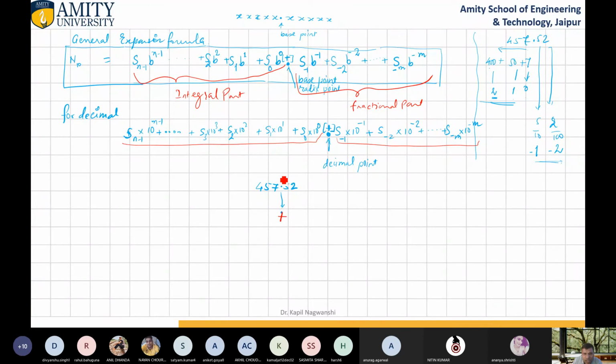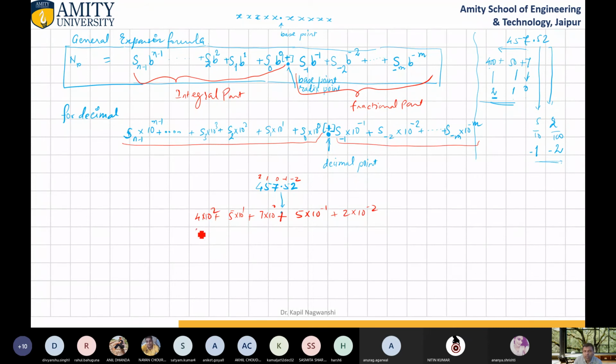Now let me write the position numbers. So this is 0, 1 and 2, and here -1 and -2. Just write like this. This formula is very easy, but because it is written in so many algebraic terms, it looks complex. Now you can write simply 5 into 10 to the power -1 plus 2 into 10 to the power -2. Similarly here, 7 into 10 to the power 0 plus 5 into 10 to the power 1 plus 4 into 10 to the power 2.